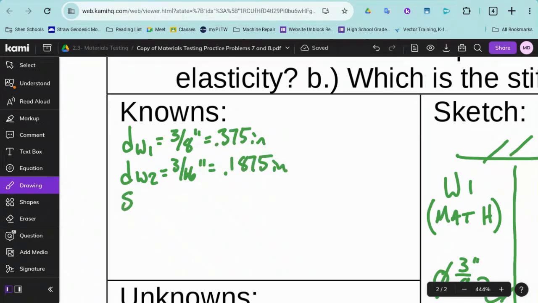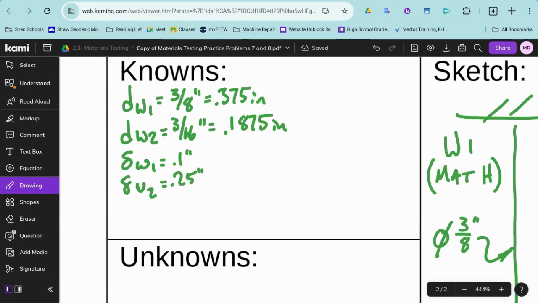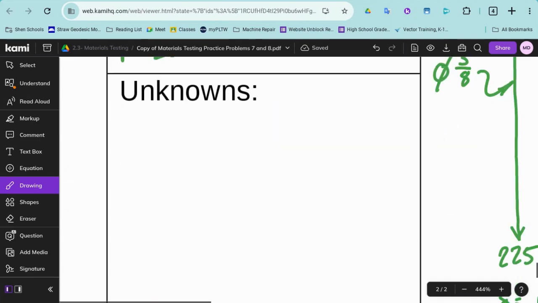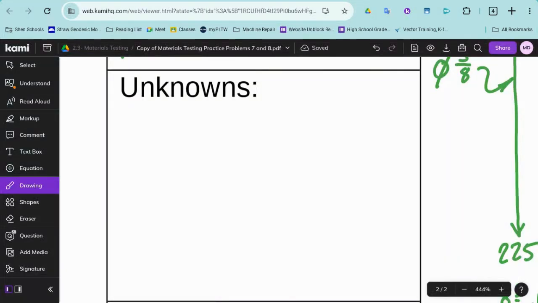We know the elongation of wire 1 to be 0.1 inches, and the elongation of wire 2 to be 0.25 inches. We know the applied force in both situations to be 225 pounds, and we know the length to be 40 feet or 480 inches.